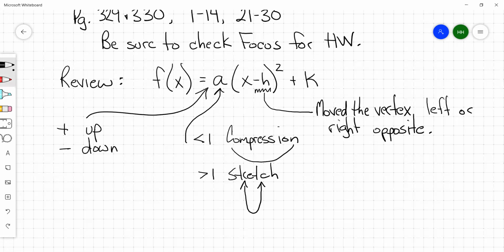And then this right here, this value, what was to the right of the parentheses, what'd that do? One more, last thing. That moved the vertex. Where did that move the vertex? Up or down?